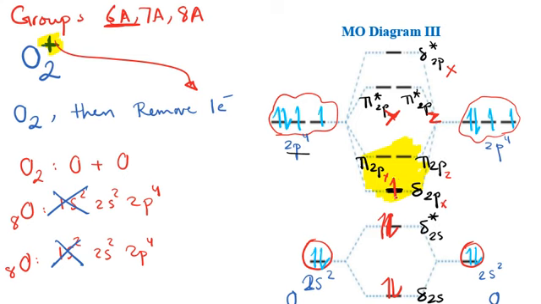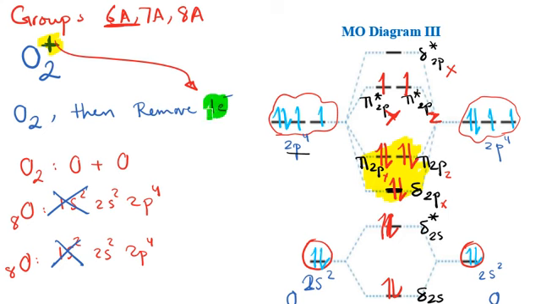So I'm going to add 1, 2, 3, 4, 5, 6, 7, 8. So this is something we may consider for O2. If we look at the O2, we are going to have it like this. But our question is O2 plus.